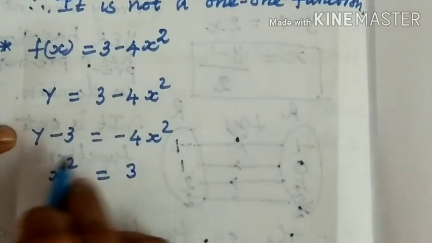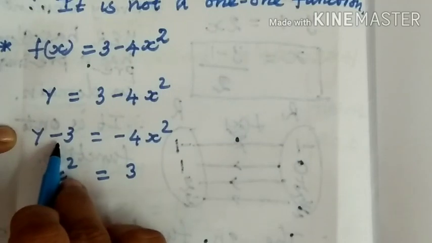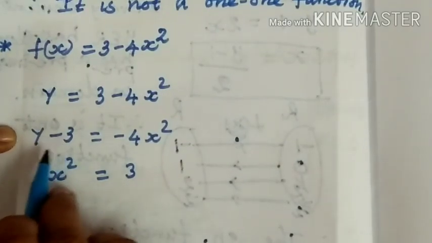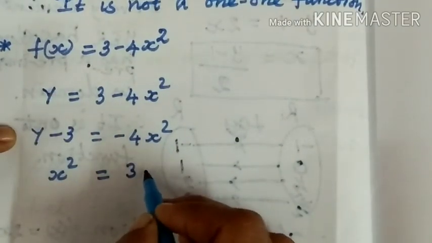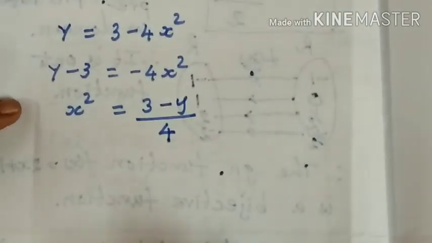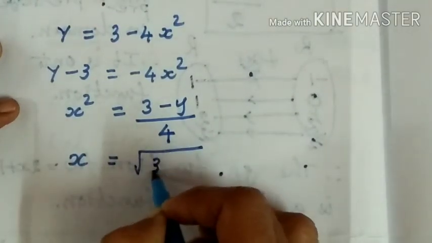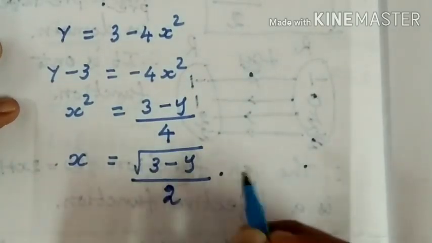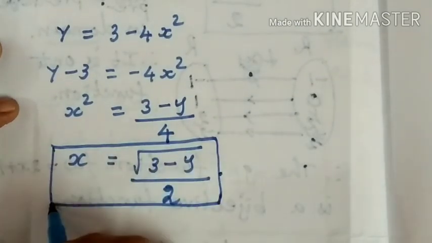Then x squared is equal to, minus 4 comes before equal, so it becomes divided by minus 4. Then minus, you multiply, we get plus, 3 minus y by 4. Therefore, x equal to root of 3 minus y, root of 4 is 2. This is the term of x.